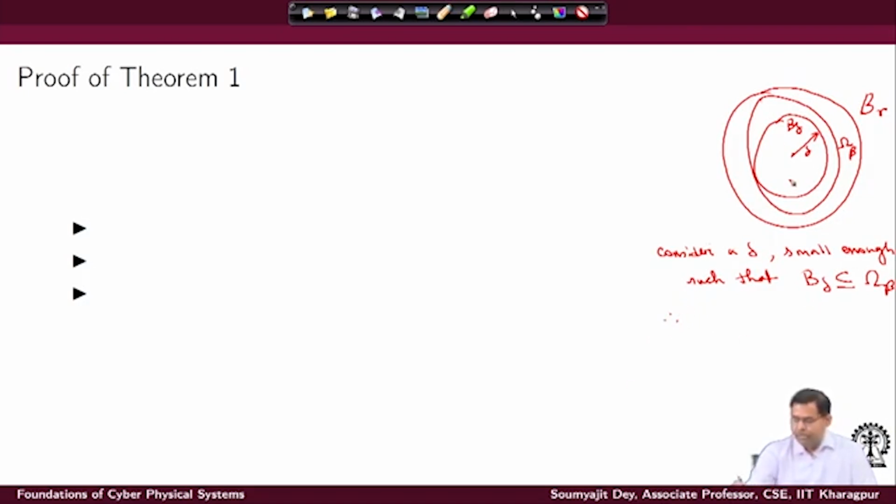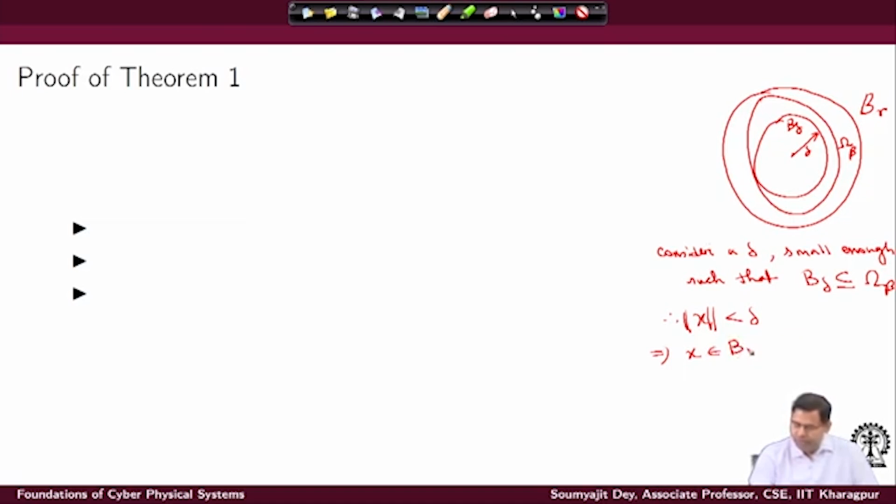Now, since this b delta is located inside omega beta, as long as I pick a location x with this property, it implies that x is a member of b delta.